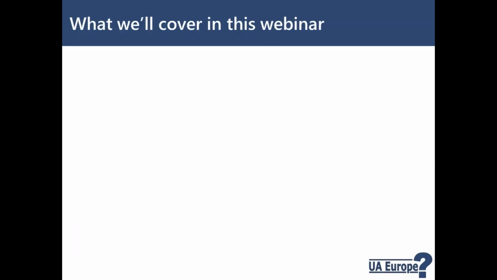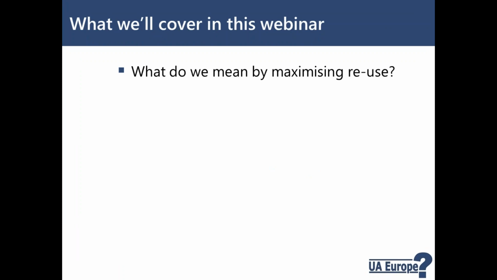All right, what are we going to cover more specifically? I thought I'd just start by summarizing what I mean by maximizing reuse. It sounds good, but let me tell you what I really mean by that. And then we'll have a quick survey of some of the most useful features in Flare that support reuse.